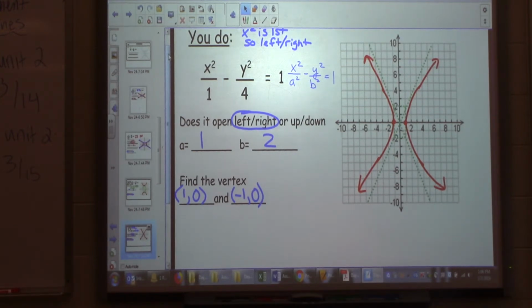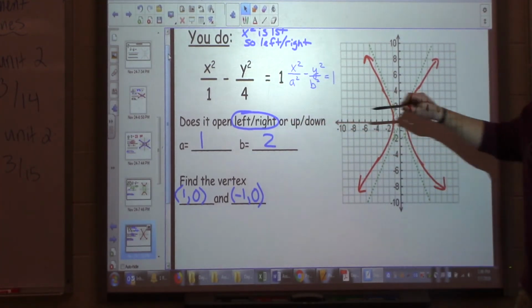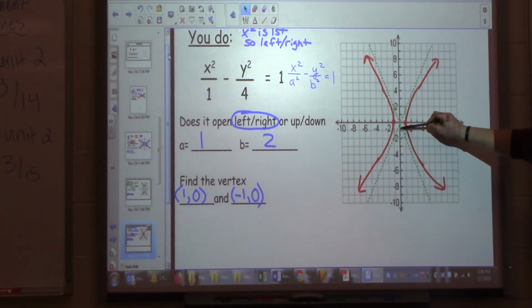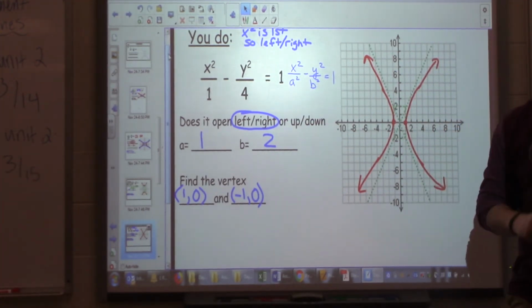We're going up and down 2. Hey, guys. Up and down 2 because 4 is under y squared. Take a square root. We're going up and down 2. 1 is under x squared, so we're going left and right 1. Right? 4 is under y squared, so we're going up and down 2. 1 is under x squared, left and right 1.